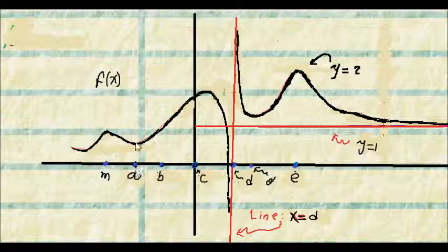This point A occurs with a tangent line here. The tangent line here is horizontal. Suppose that the point M occurs where the tangent line is horizontal.